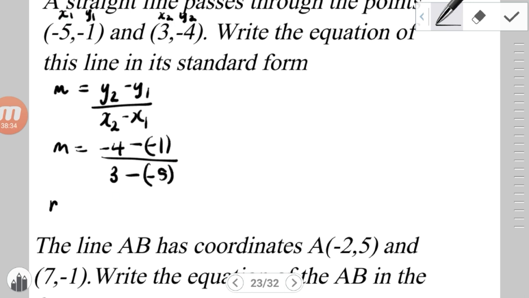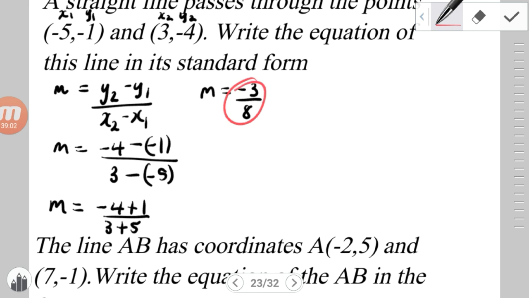So m evaluates to -4 plus 1 over 3 plus 5, by removing those clash signs. -4 plus 1 is -3, and 3 plus 5 is 8. So the gradient of our line here is -3/8.